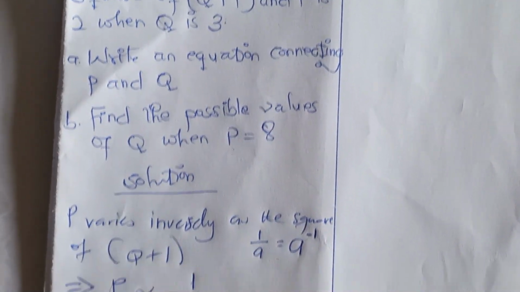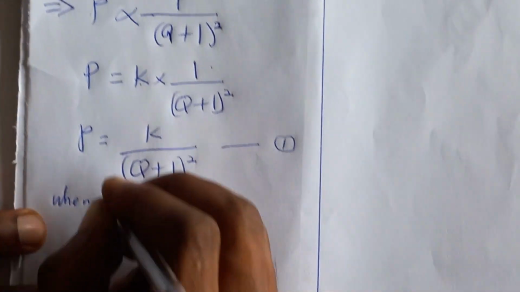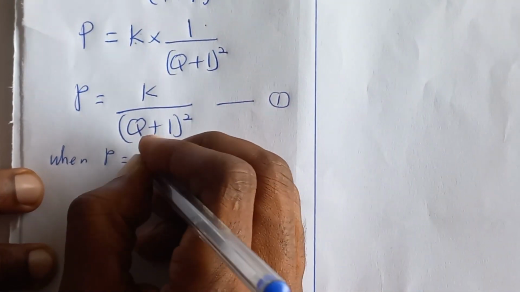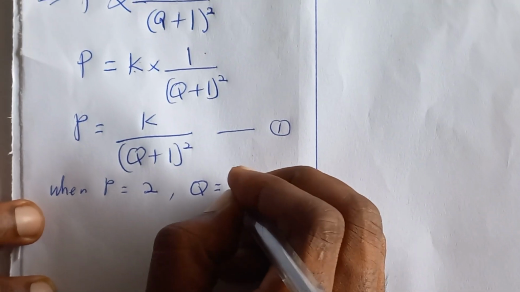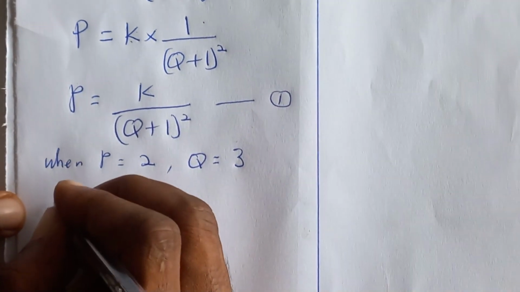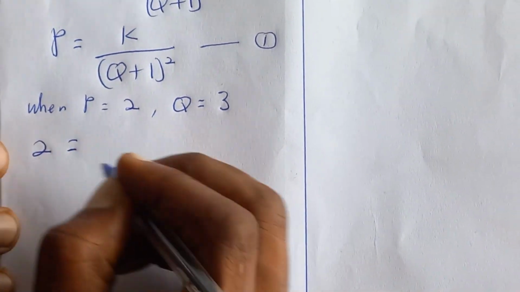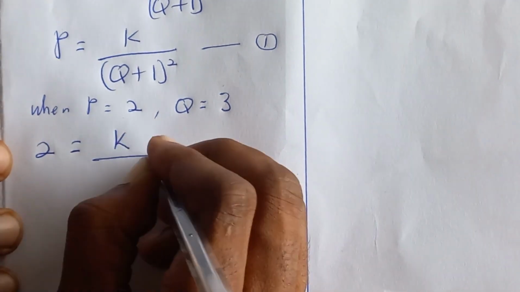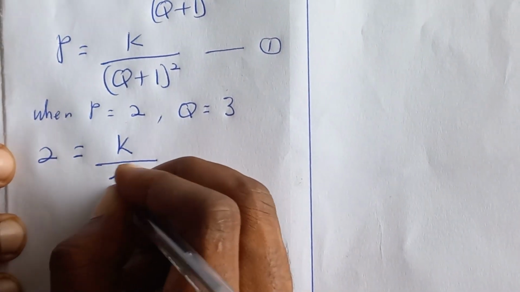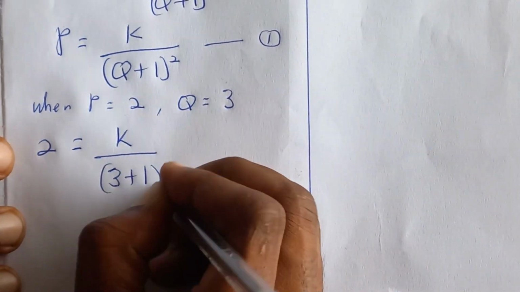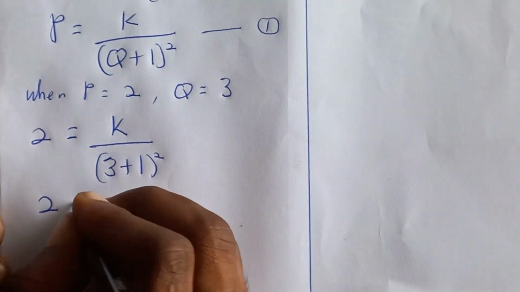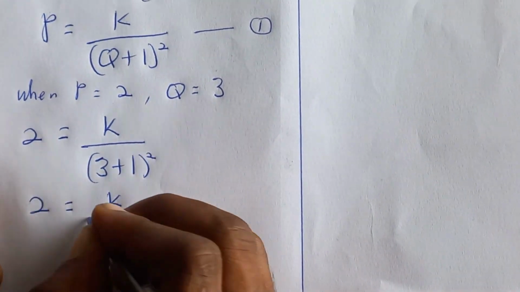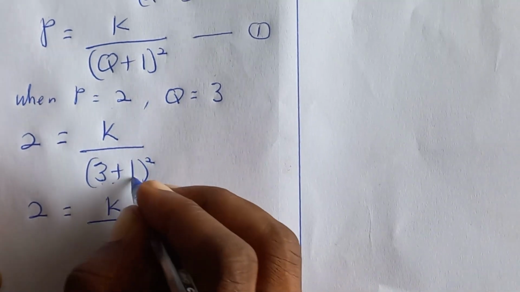So it said that when P is equal to 2, Q is what? 3. So we get 2 is equal to K on 3 plus 1 all squared, like this. So we are going to get 2 is equal to K on 3 plus 1 is 4.